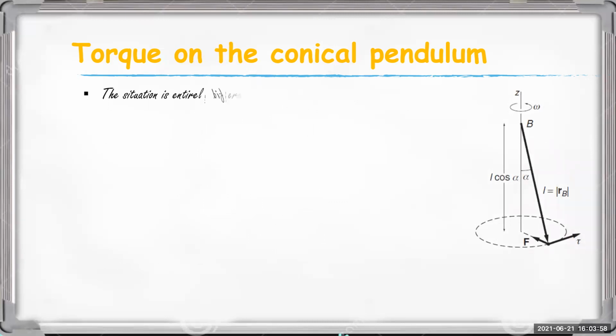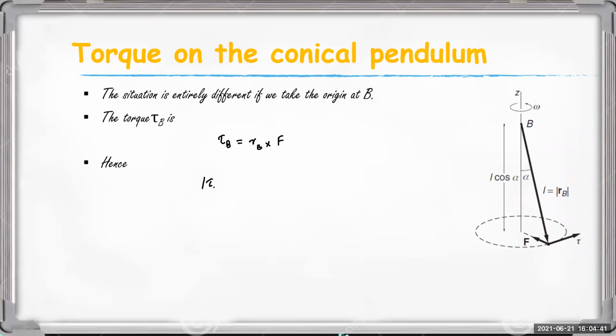So in the case of the point B, the torque tau B is equal to RB cross F. Then the modulus of tau B is equal to, what is the modulus of RB?